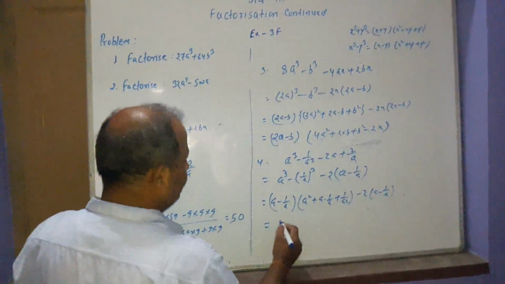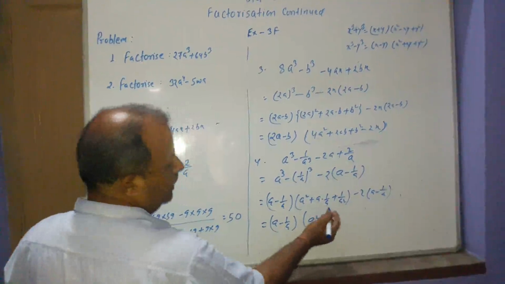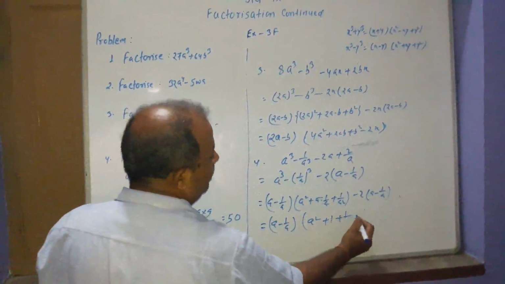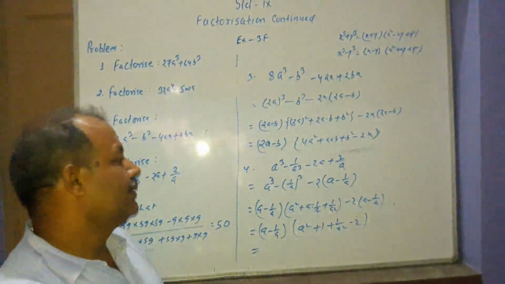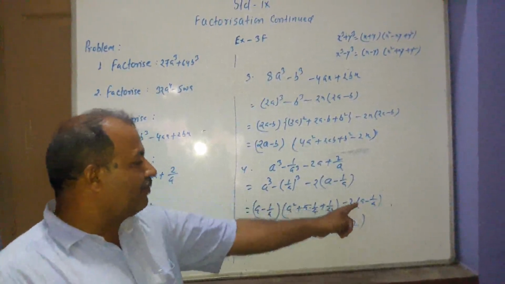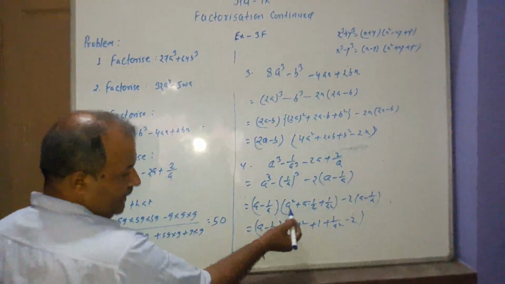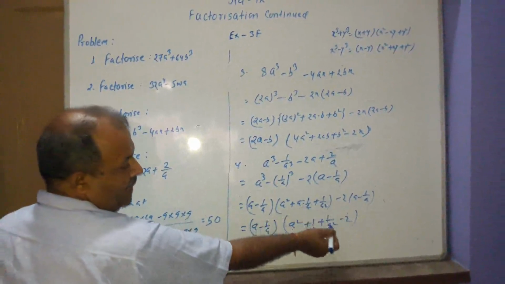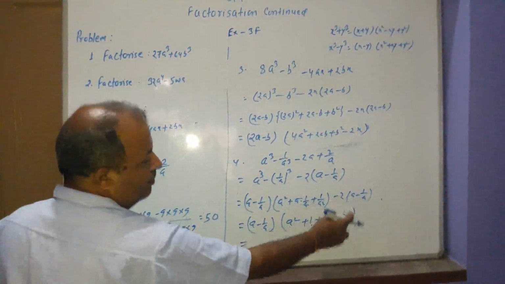Then we take a minus 1 by a as common, and we are left with a square plus a into 1 by a, where a is cancelled by a, so we are left with 1, plus 1 by a square. Here a minus 1 by a is taken as common, then we are left with minus 2.